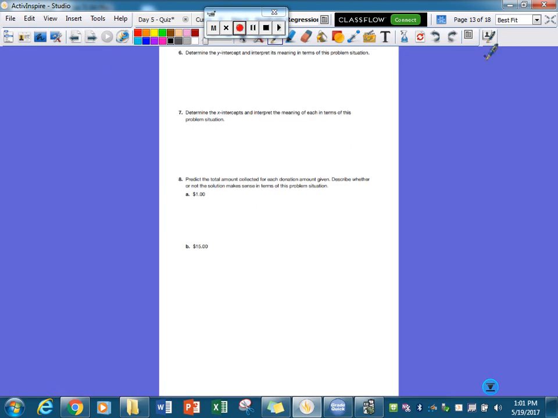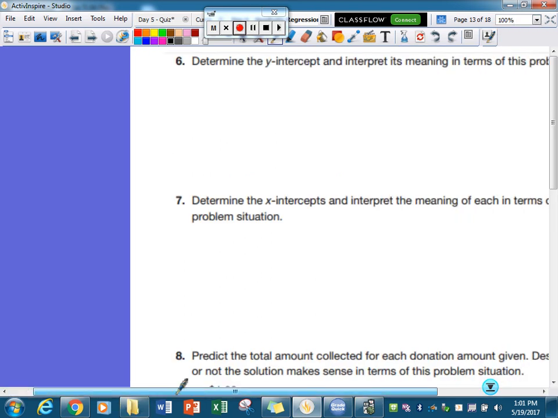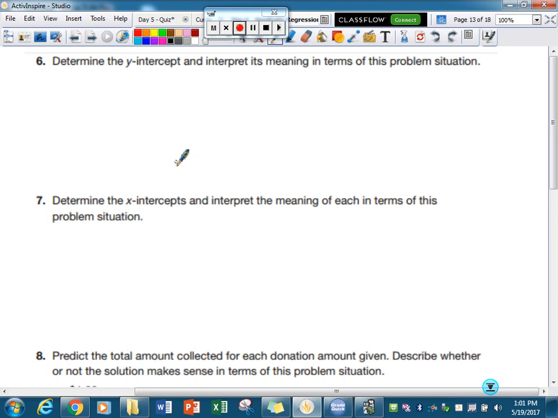Okay, number 6. Determine the y-intercept and interpret the meaning. Well, again, remember, our y-intercept is our c value, which equals 0 for this one. So think about it.